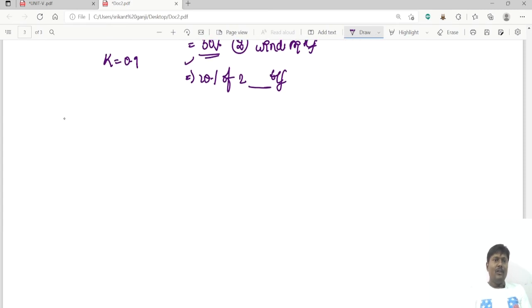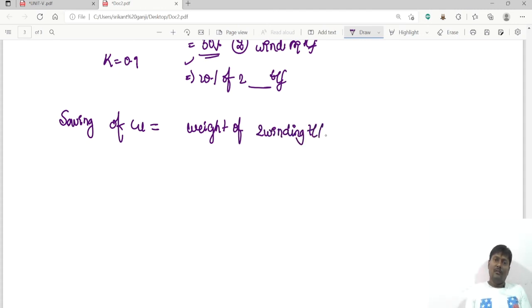Similarly, saving of copper is equal to the weight of the two winding transformer minus the weight of the auto transformer.